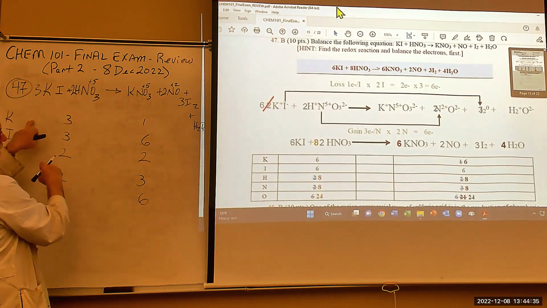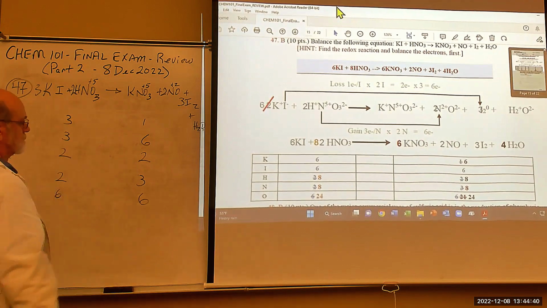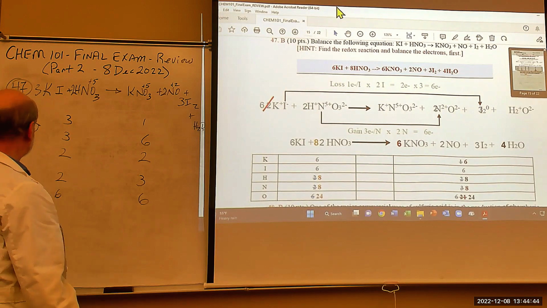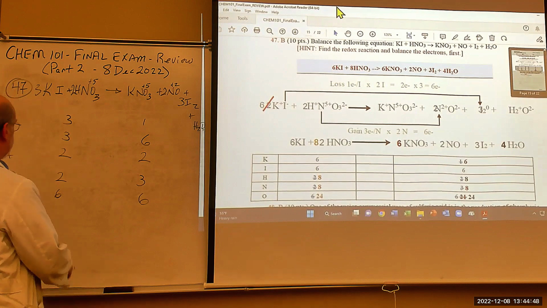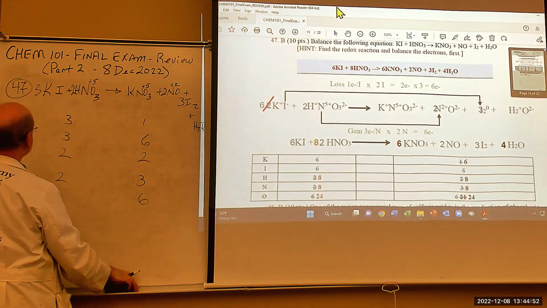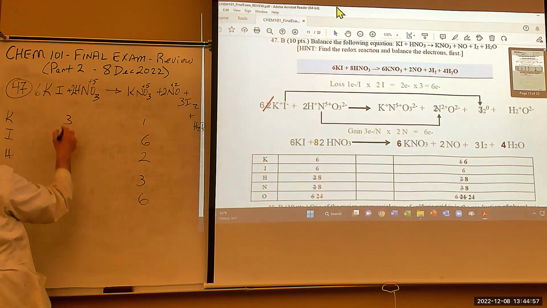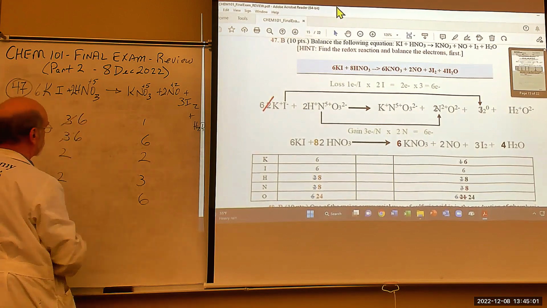Or how about iodines? Yeah, let's do iodines. So we got 6 on that side, we need 6 on this side. We change this one to a 6. That'll give us 6 iodines and 6 potassiums. Okay.